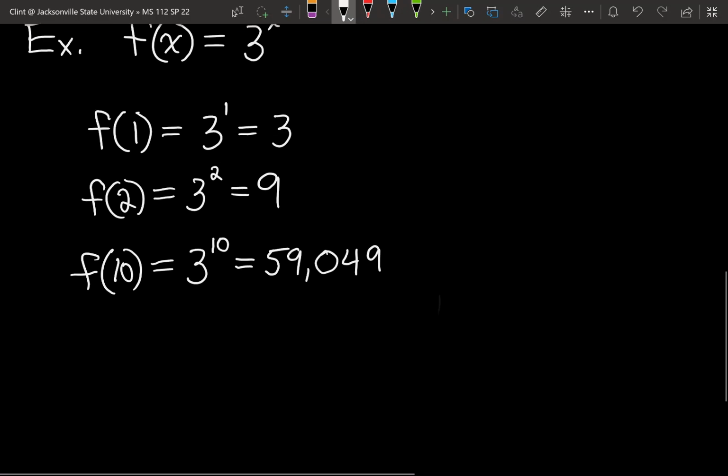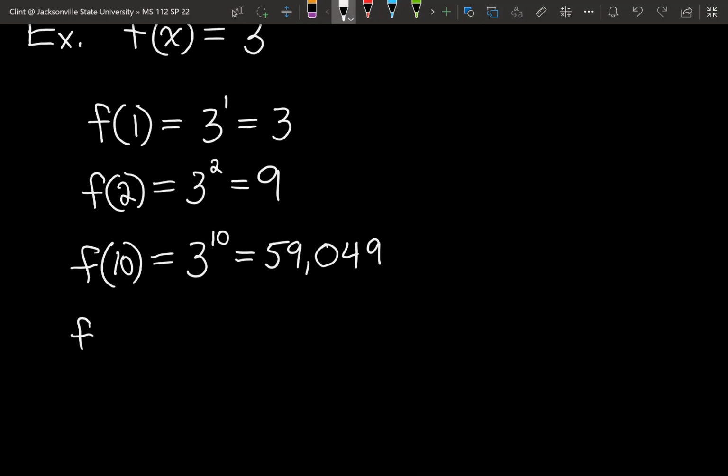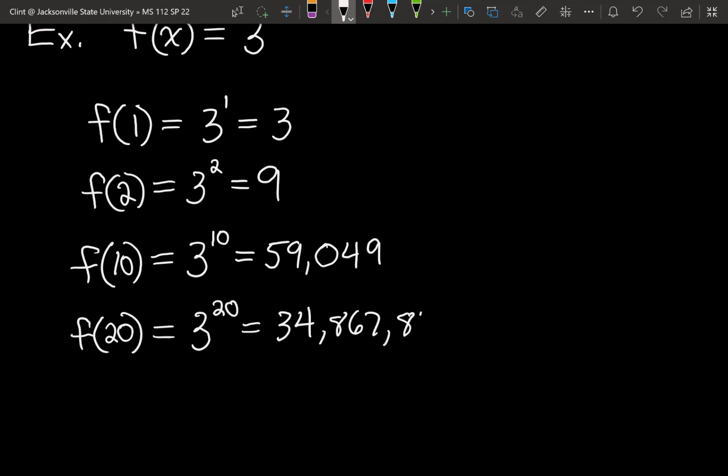And let's skip ahead just a little bit more. These things grow really quickly, so I wanted to find f of 20. Let's see. That is 34,867,840. Nope. Hang on. I got my commas in the wrong place. Let me just write the digits down and we'll put them in.